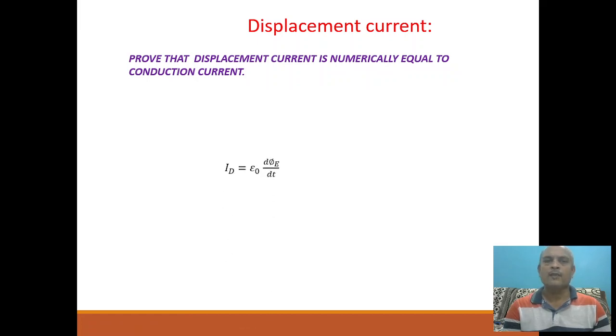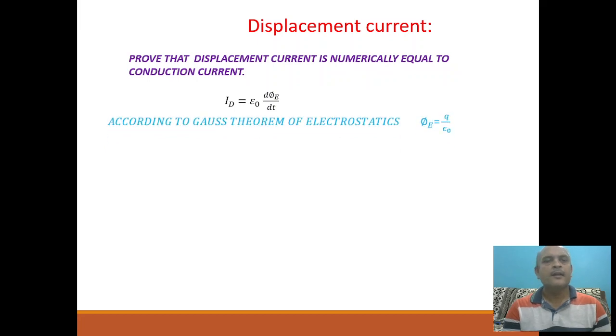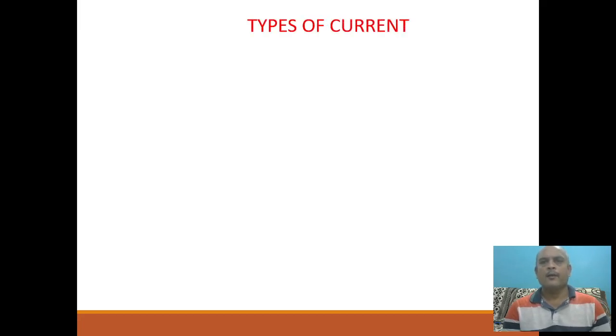How can we prove it? I_D equal to epsilon naught d phi E upon dt, but from the famous Gauss theorem, phi E equal to Q upon epsilon naught, so I_D is equal to epsilon naught d upon dt of Q upon epsilon naught. Epsilon naught cancels, and dq upon dt is the current due to flow of charge, so it can be categorized as conduction current. Therefore, I_D is equal to I_C. Simple derivation.